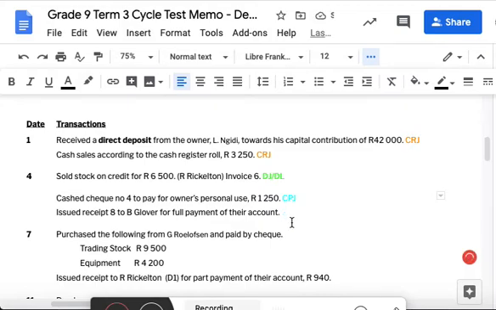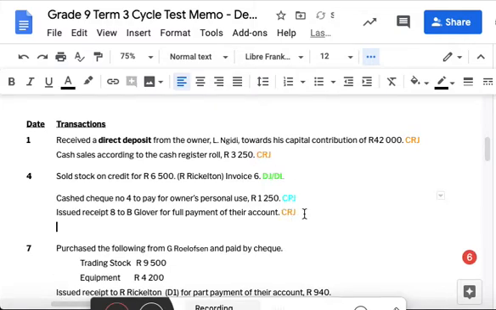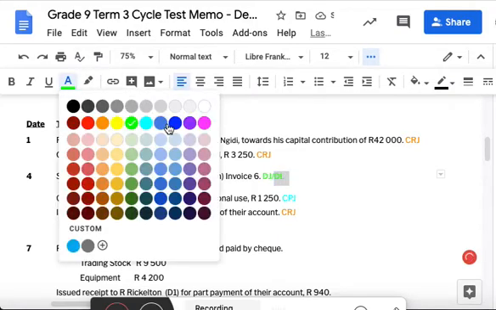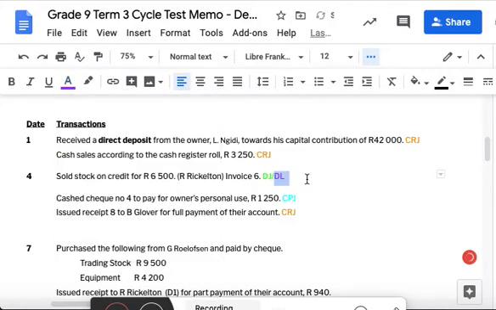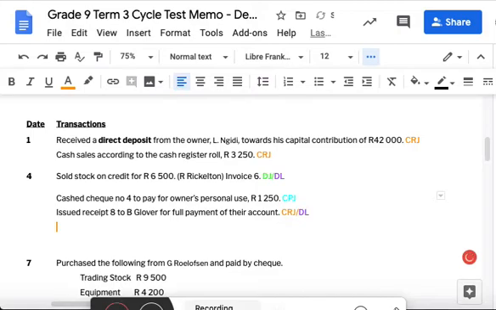What books does that go to? CRJ. Where else? Debtors ledger. Okay, CRJ and the debtors ledger.